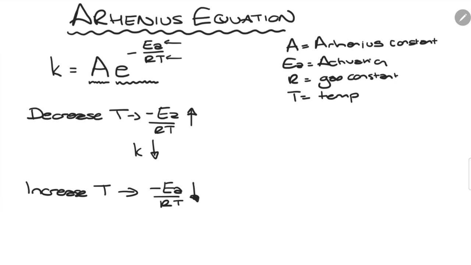And if that becomes a smaller negative number, this means that the e to the minus smaller value would subsequently become larger, leading to the corresponding increase in k and subsequently the increase in the rate of that reaction. And so numerically, this brings together a lot of knowledge that you previously had at GCSE, knowing that temperature will increase the rate of a reaction.